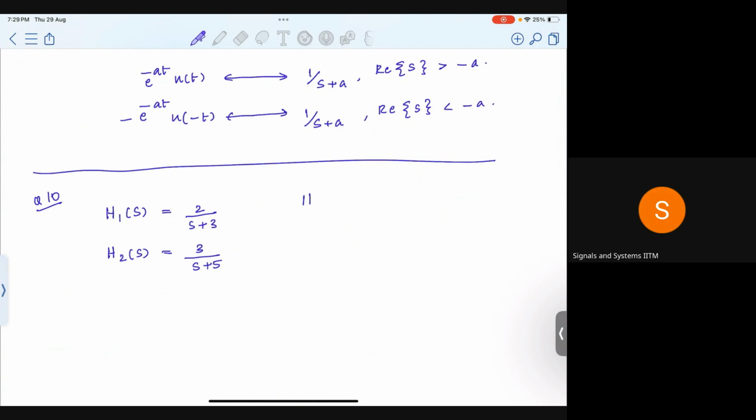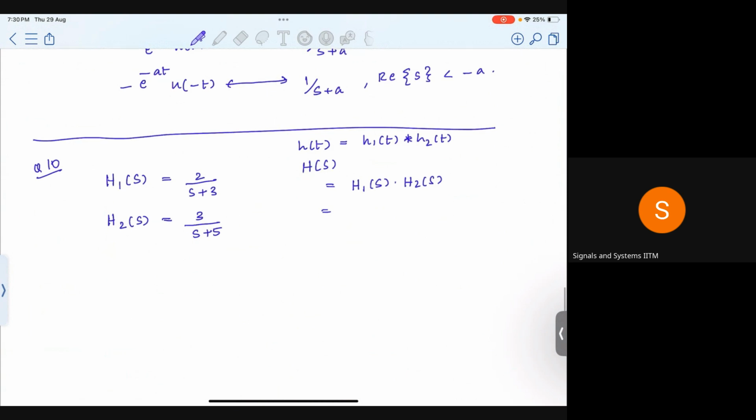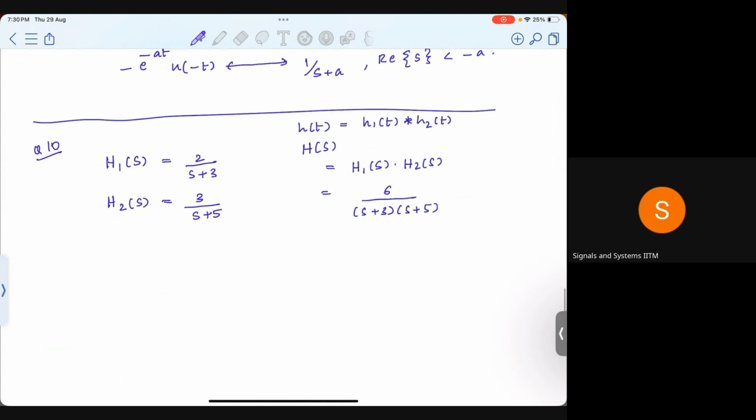And your whole h of t is the convolution of h1 of t and h2 of t. So your h of s is h1 of s times h2 of s. So the whole h of s is 6 by s plus 3 times s plus 5, correct? Yes, ma'am. And what is your y of s?